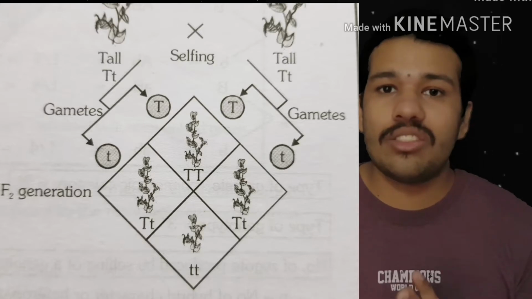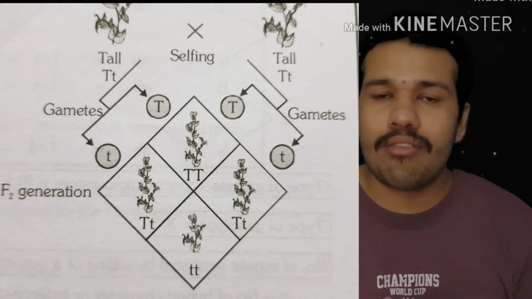Now what's this? This is a phenotype ratio, and every time Mendel performed the experiment on thousands of pea plants, the results were approximately the same. And why did I say approximately? Because this is a mathematical situation where everything is ideal, but in the case of Mendel, he was working on real pea plants. All the seeds were not captured and all of them do not grow up into a plant.